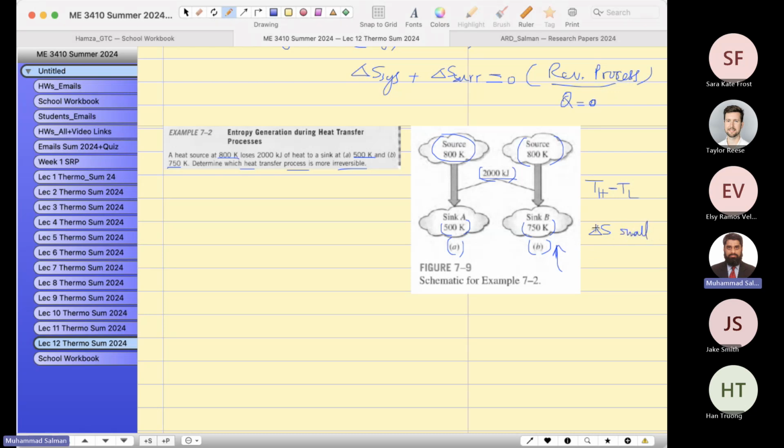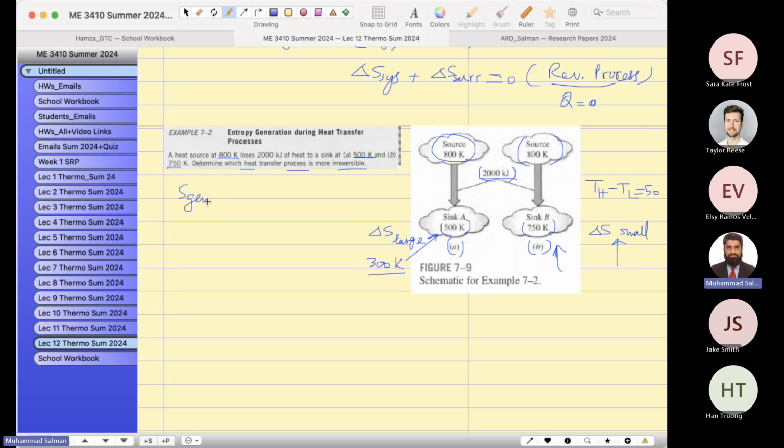Here the difference is about 300 Kelvin, and here about 50 Kelvin, correct? So it's a small change. This delta S would be large in case A because the temperature difference between the source and the sink is very high compared to case B. But let's prove it quantitatively.